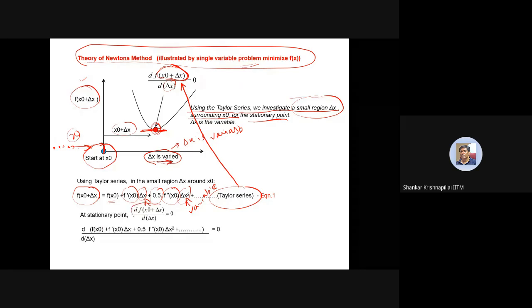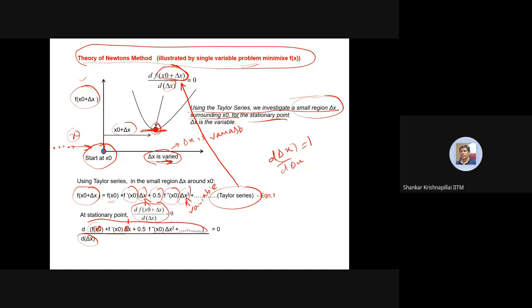Now let us do this derivative, that is d of this term divided by d of delta x. Naturally, f of x naught is a constant so it becomes 0, and d of delta x by d of delta x is equal to 1. Then d of delta x squared by d of delta x is equal to 2 delta x.